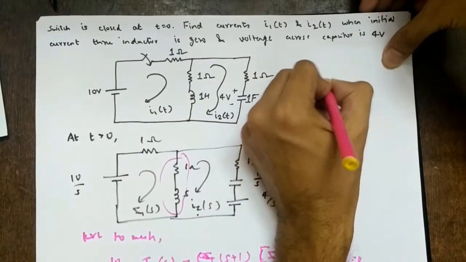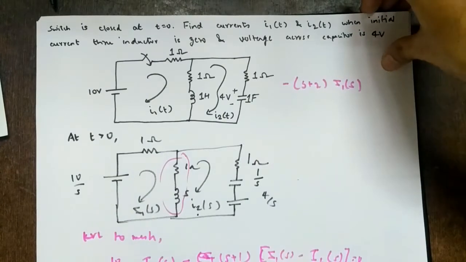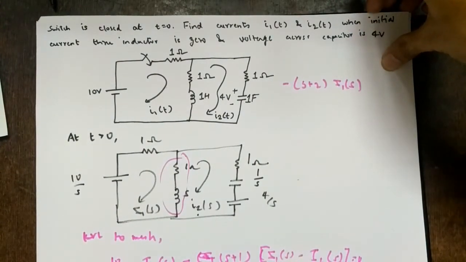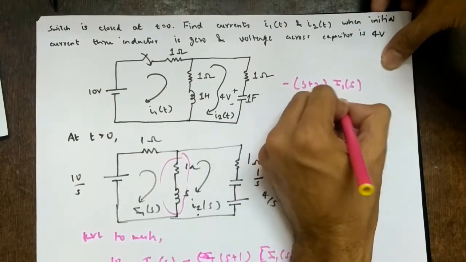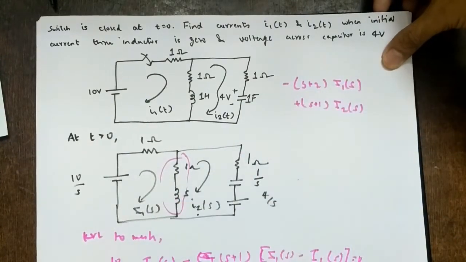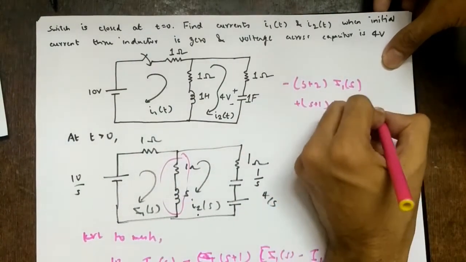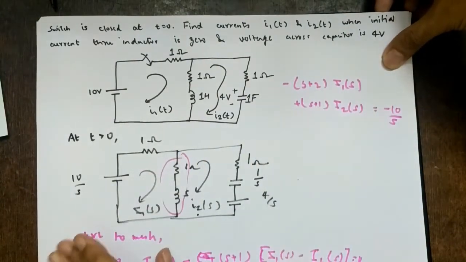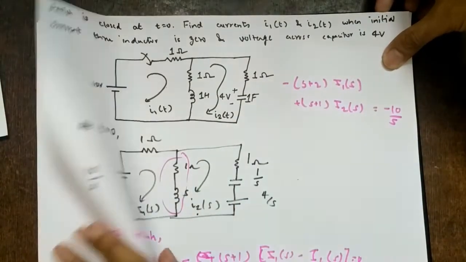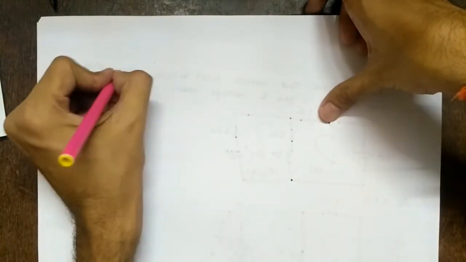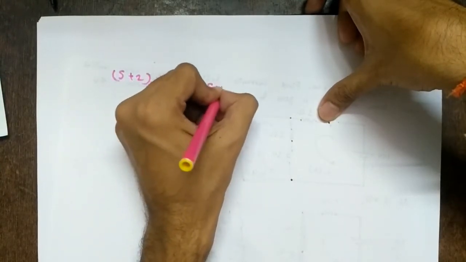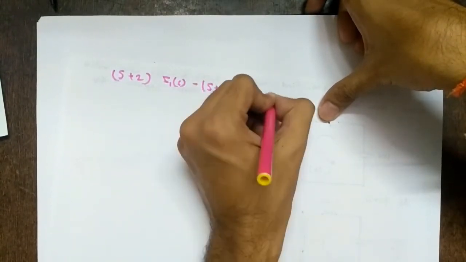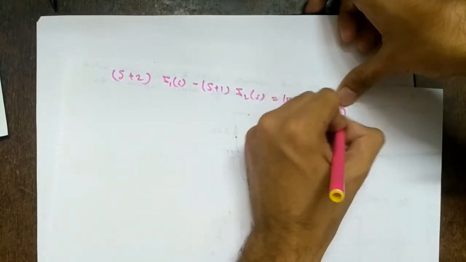Minus of s plus 2 I1 of s, then plus s plus 1 I2 of s, and this will go here, so it will be minus 10 by s. I'll simplify it. So s plus 2 I1 of s minus of s plus 1 I2 of s equal to 10 by s. So this is equation number 1.